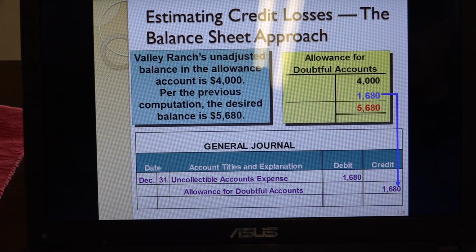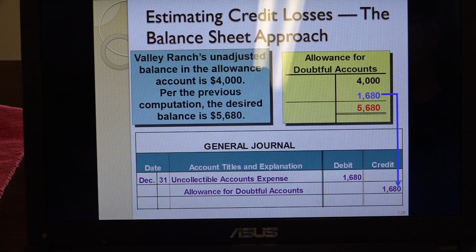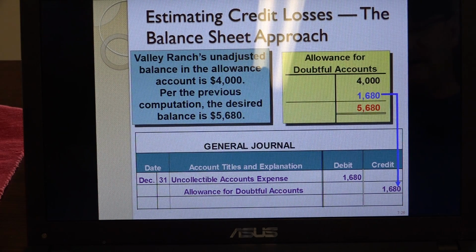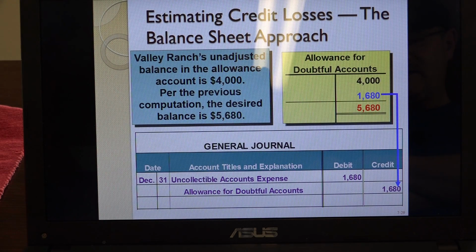Why is that? Well, it could be that they overestimated the amount of uncollectible accounts in the previous year, and so they had this excess 1,680. Like I said, this is not a perfect science. This is an estimate, so it's imperfect.